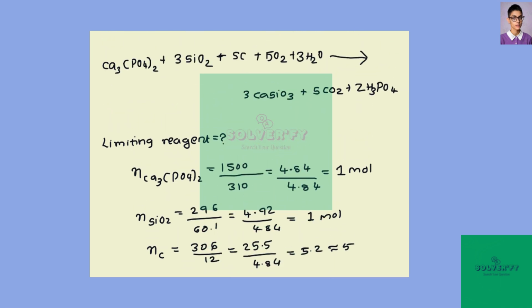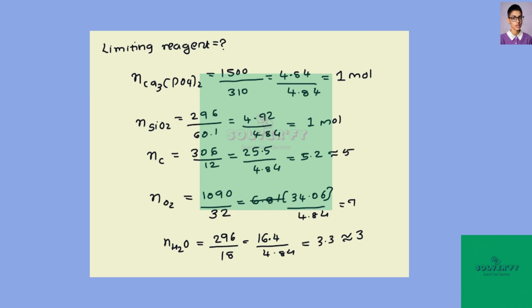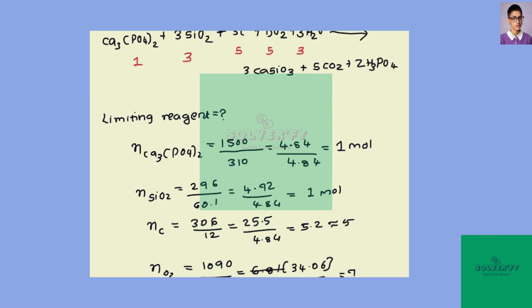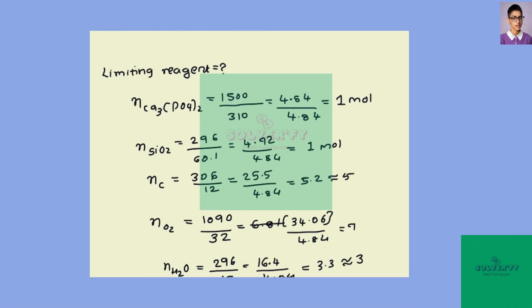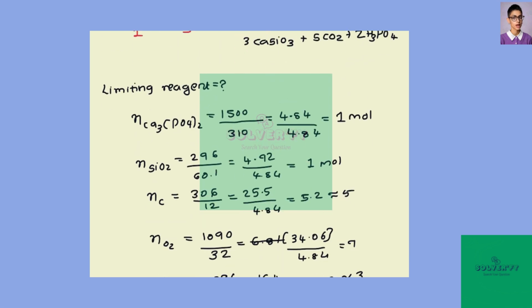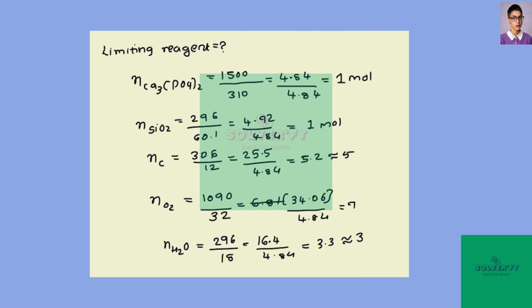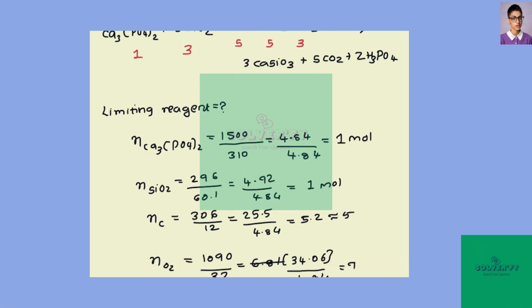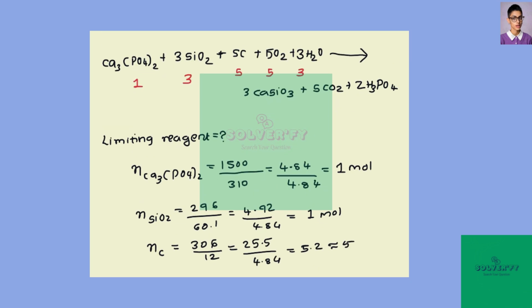So in the above balanced reaction, we have seen that the calcium phosphate reacts with 3 moles of SiO2, 5 moles of carbon, 5 moles of oxygen and 3 moles of water. So what we can see is that the calcium phosphate is reacting with 5 moles of carbon here, and more than 5, that is 7 moles of oxygen is reacting here, and the number of moles of water is 3, the same as in the balanced reaction.